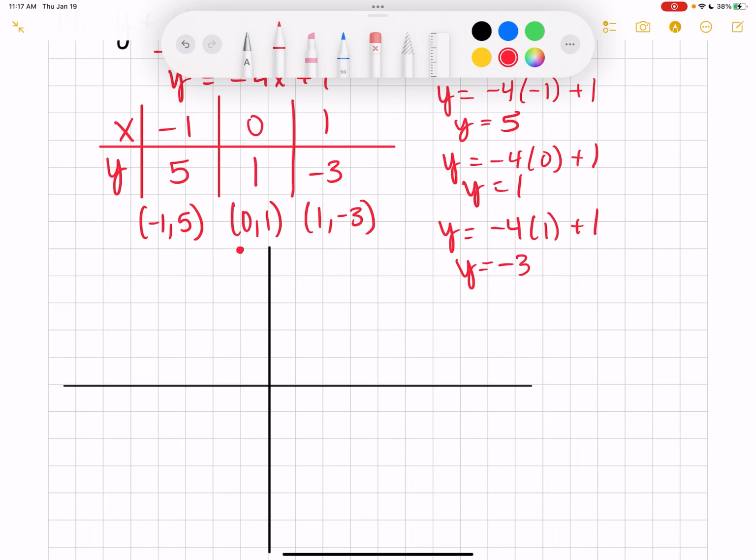Then I have the point 0, 1. So stay at 0, go up to 1. And then the point 1, -3. So right 1, down 3. And then you can just connect the dots. That one kind of worked. Any questions about that one?